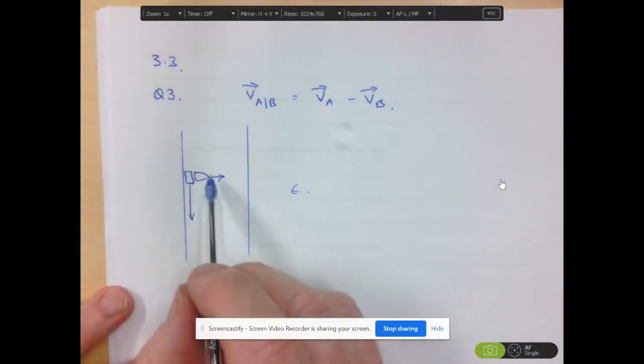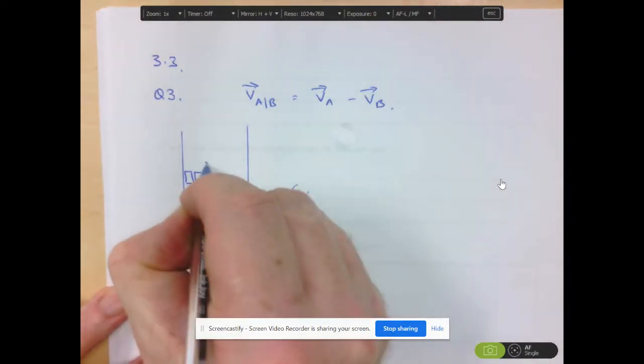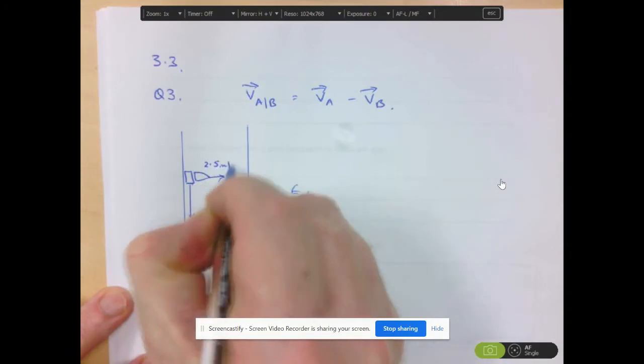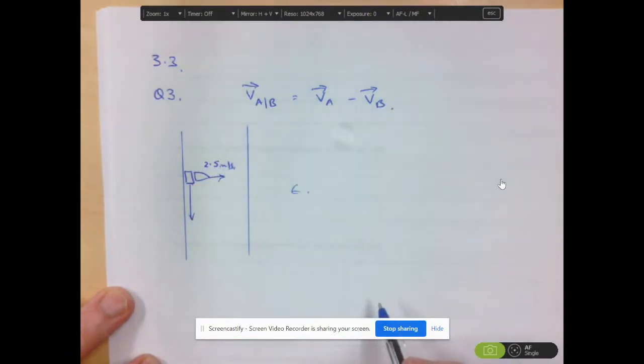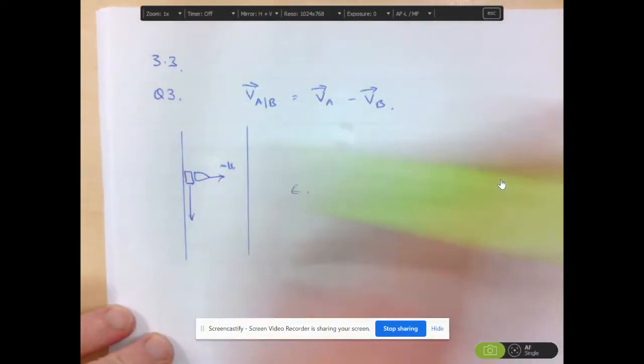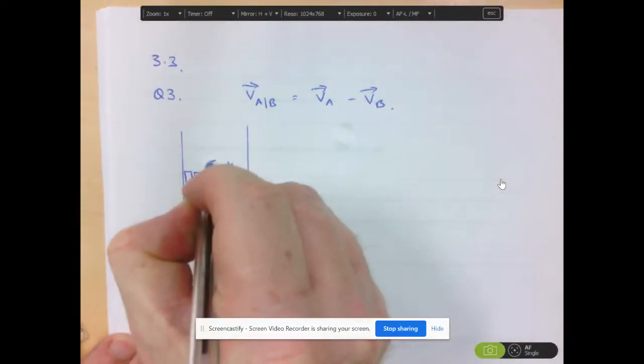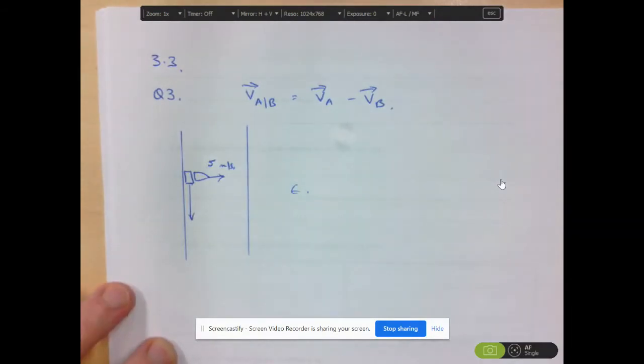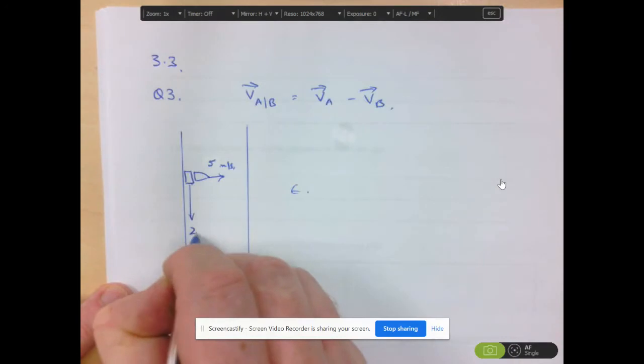So the boat pushes off at, sorry, I've read the wrong question there. The boat is 5 meters per second, and the pontoon floats south at 2 meters per second.